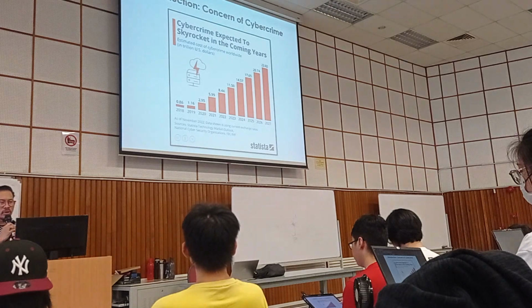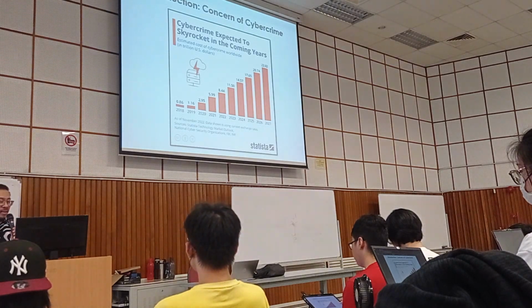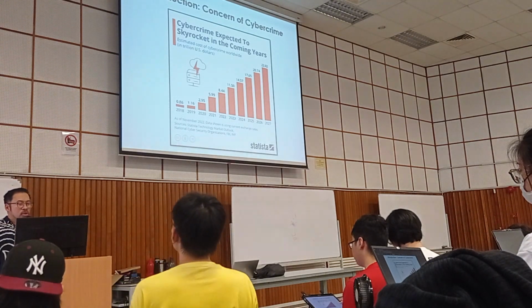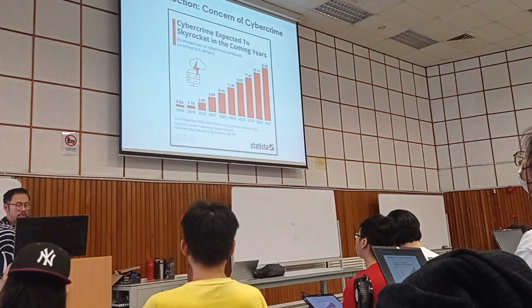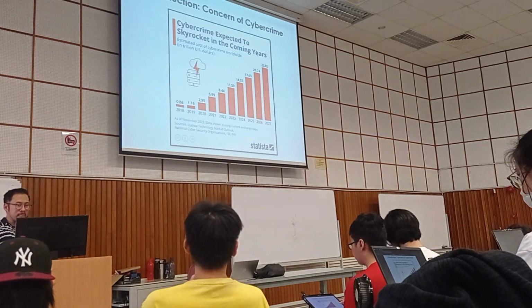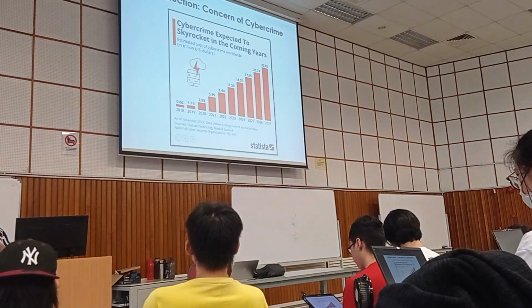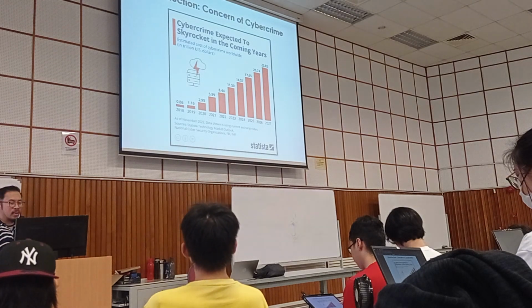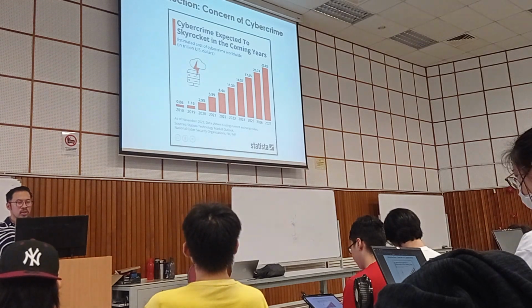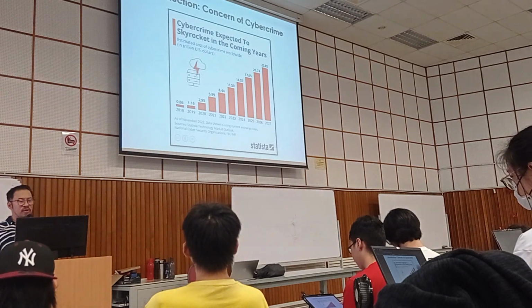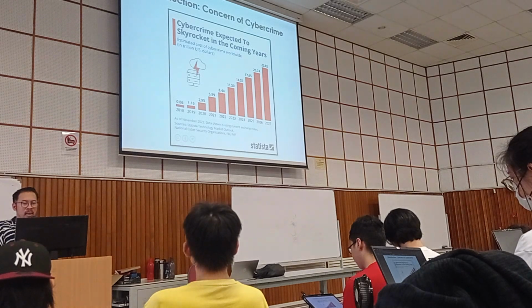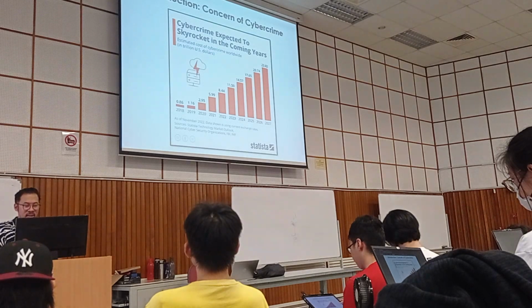So through this precious data, basically the issue with cybercrime has been increasing over the years. So the estimated cost of cybercrime worldwide, as you can see, keeps increasing and is expected to grow exponentially in the next few years. Okay.